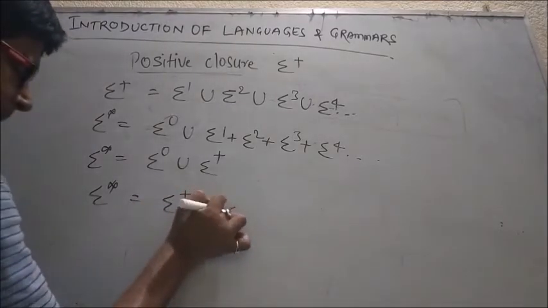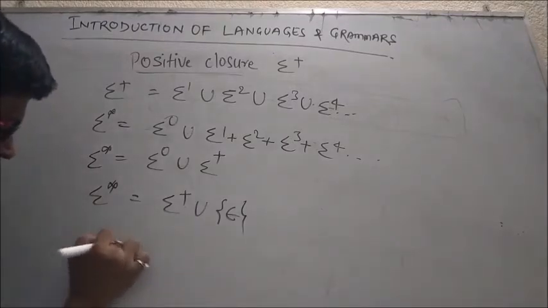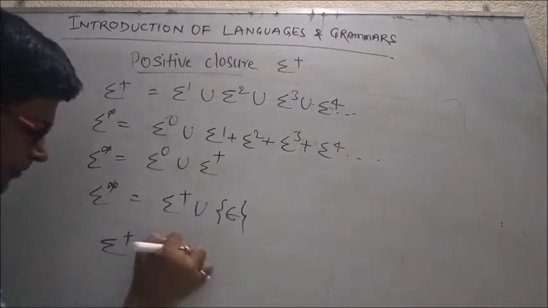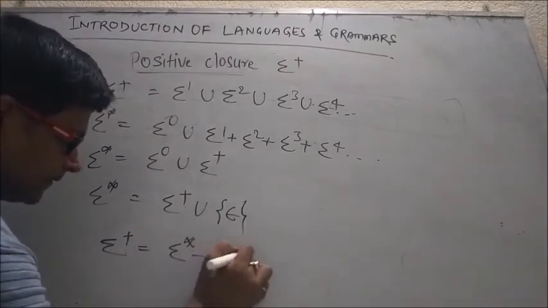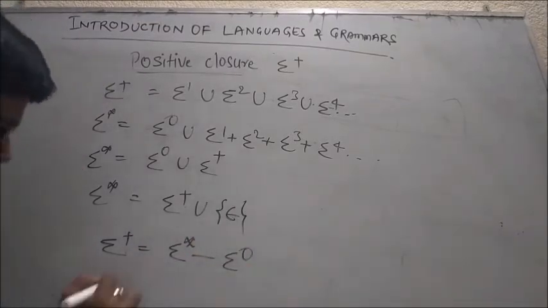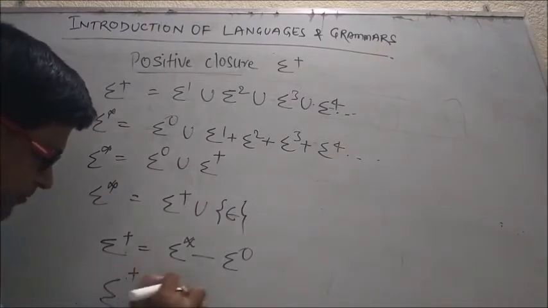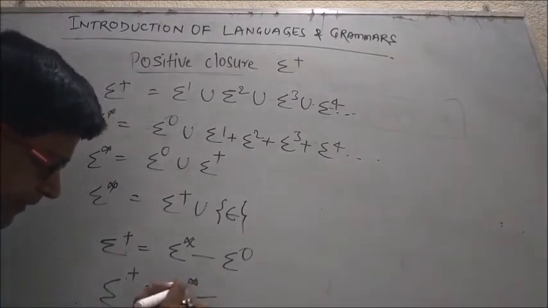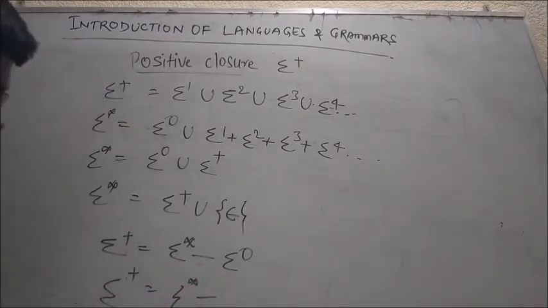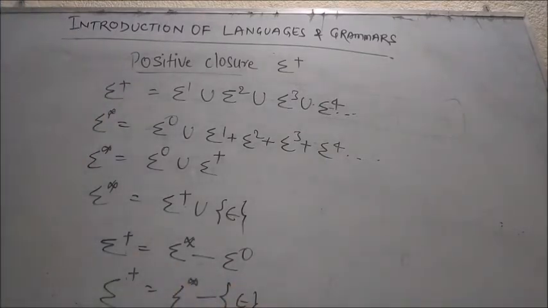In this way, we can also write sigma plus is equal to sigma star minus sigma 0, that is, sigma star minus the empty string.